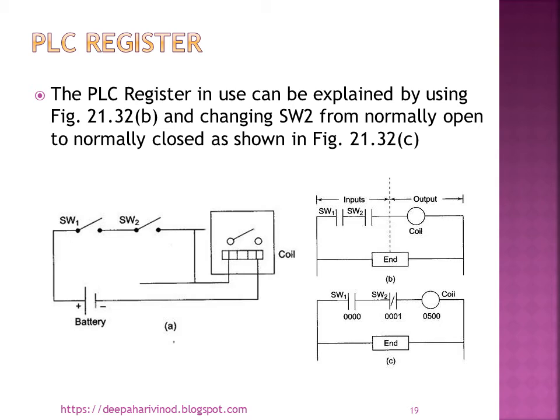The first instruction on a rung must always be an input instruction and the last instruction on the rung should always be the output. So first it should be input and then output in designing a rung. The ladder logic of this circuit is shown in this figure.